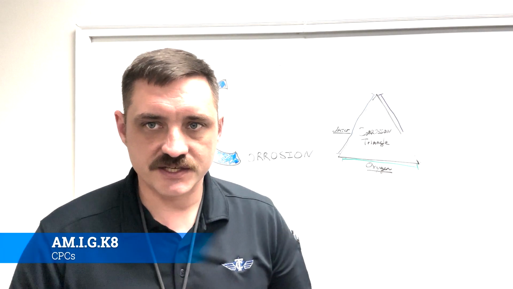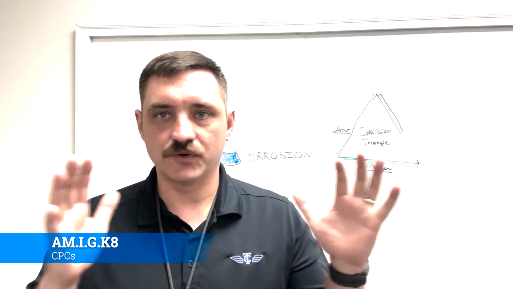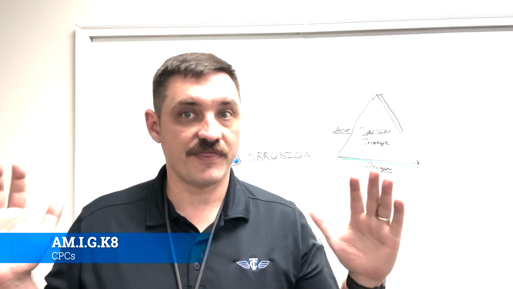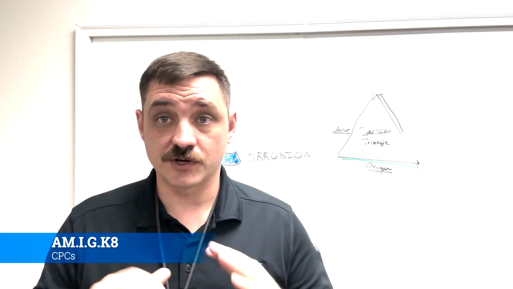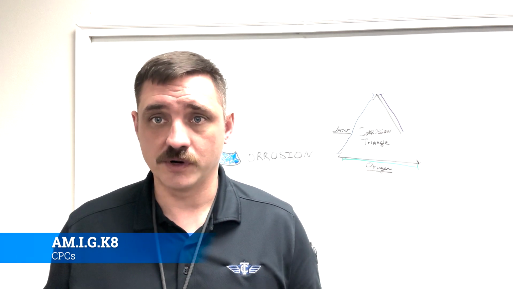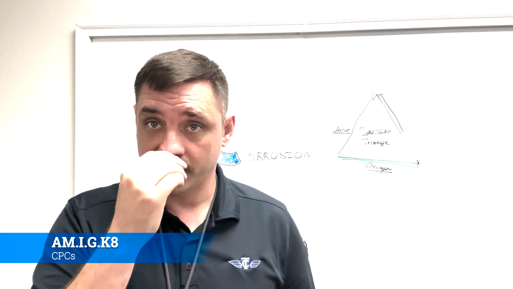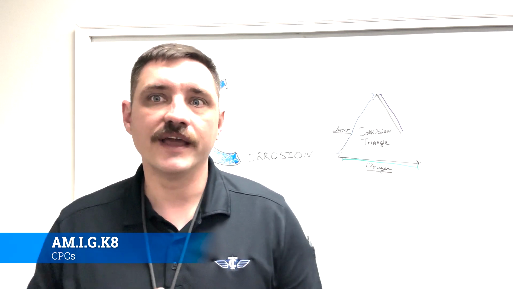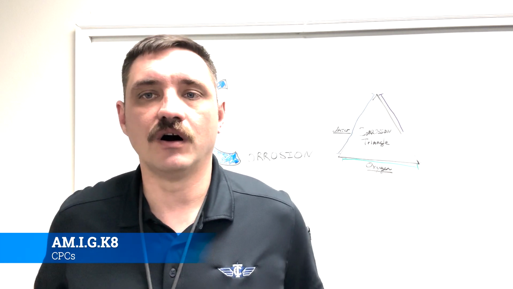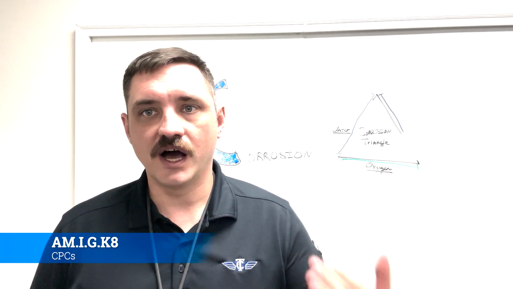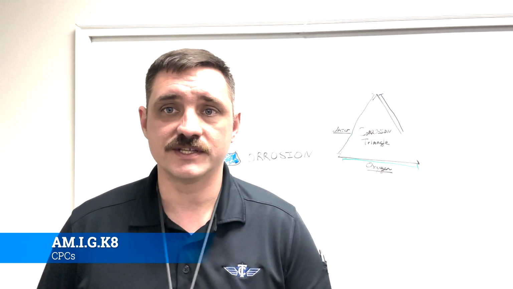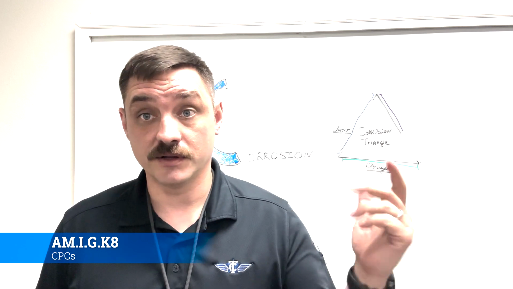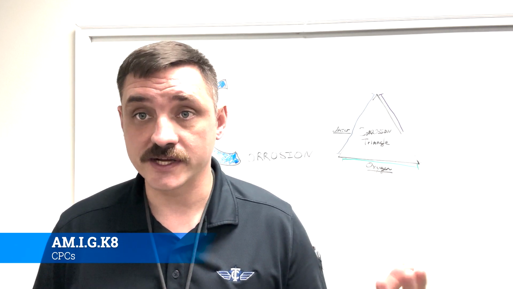Okay, CPCs are a wide range of things that are out there. So I'm just going to start going through several different ones, but know that there's more out there, and they can be used in different applications depending on the situation. So first off, from a general aviation standpoint, one of the ones that you'll use is an aerosol spray called LPS3.